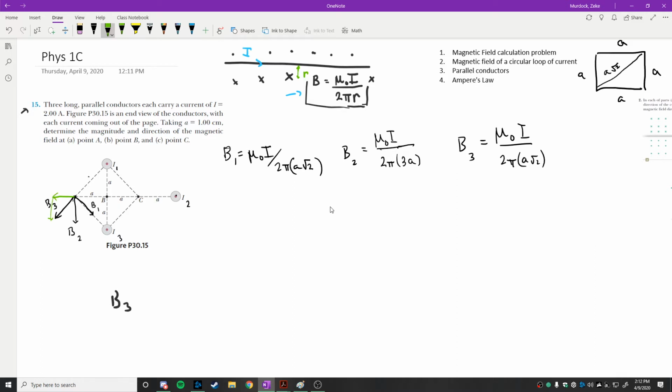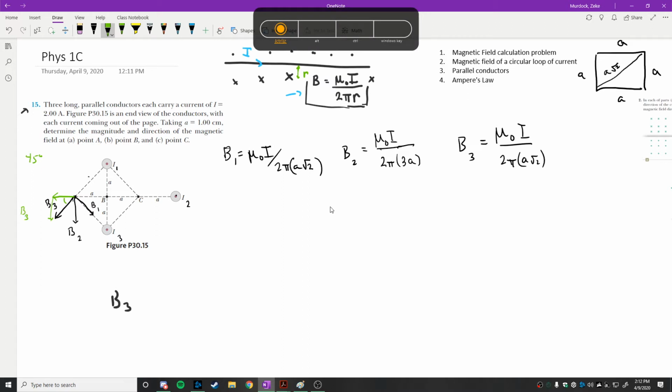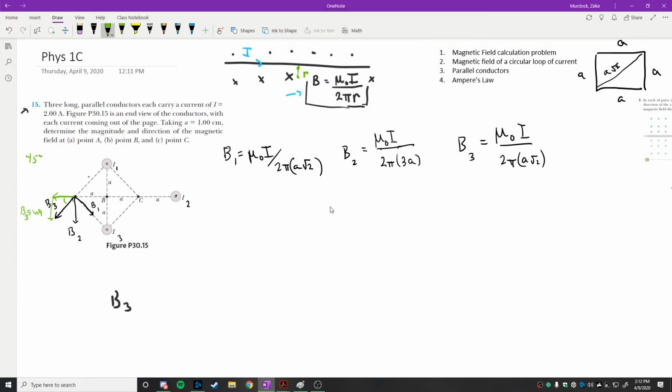The angle here is going to be 45 degrees. And that means that this side, for example, over here would be B3 times the sine of 45. But this one is going to cancel out with the x component for B1.